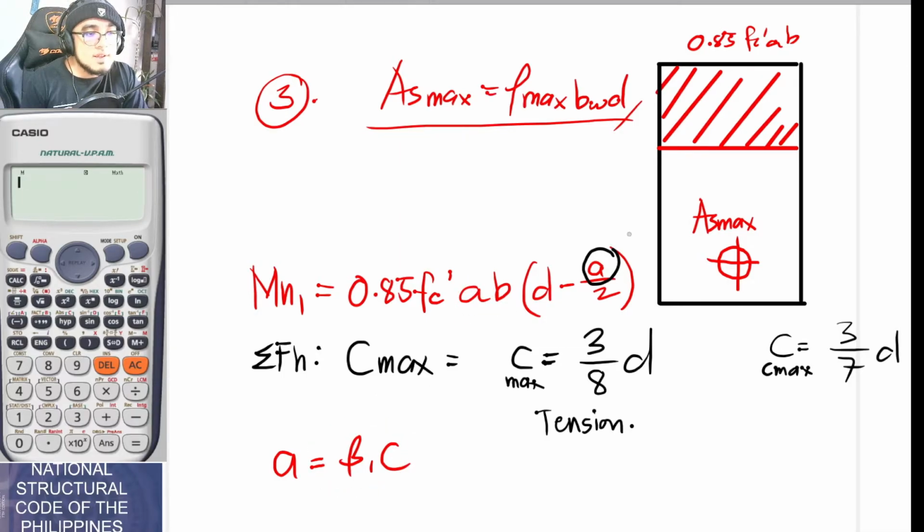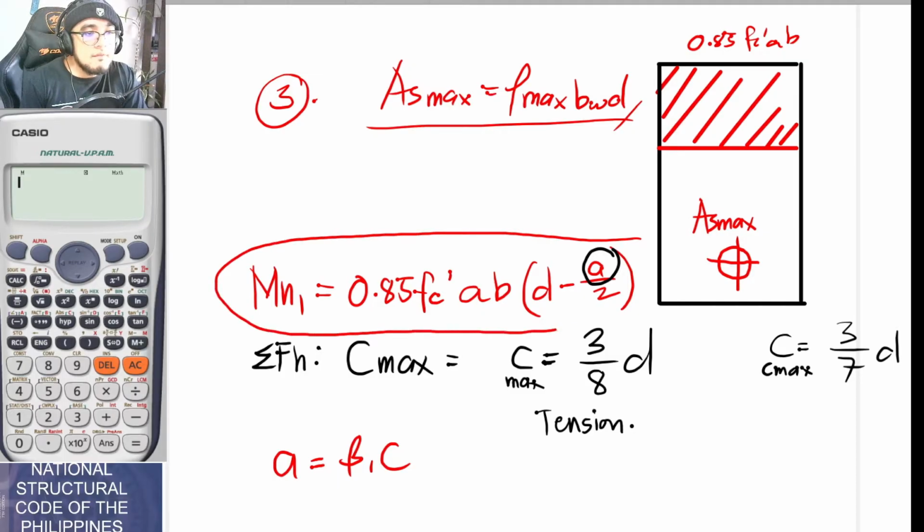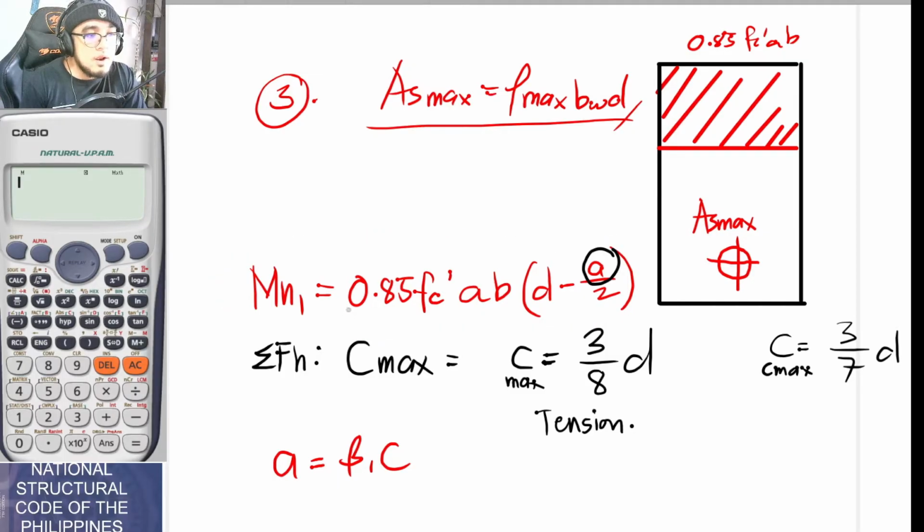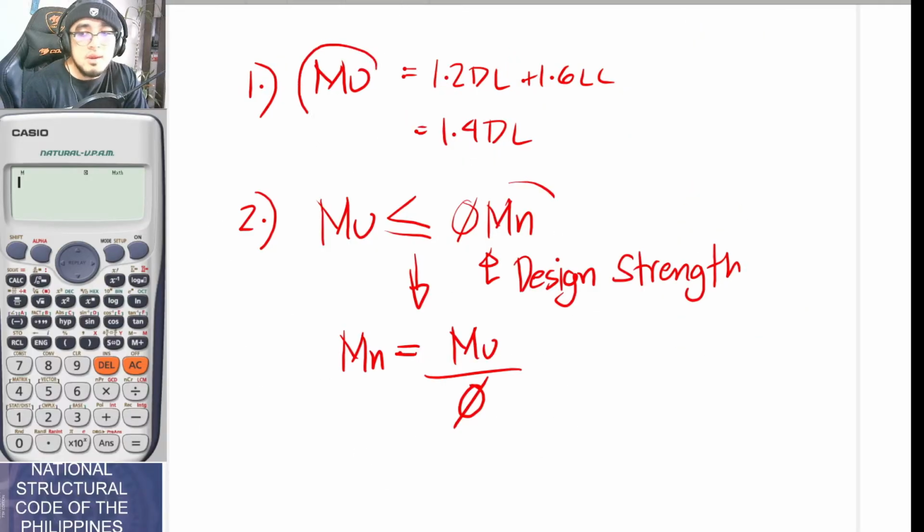Then from that guys, you already have your value for your MN1. So all of these values right here are already known. So once you already have the value for your MN1, you would now compare it with the value for your MN.